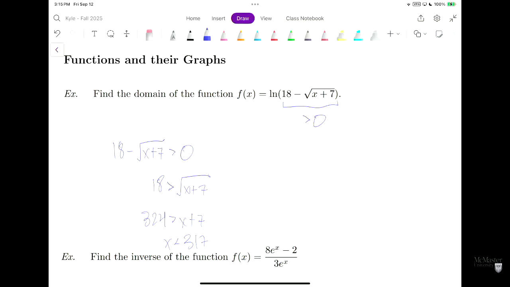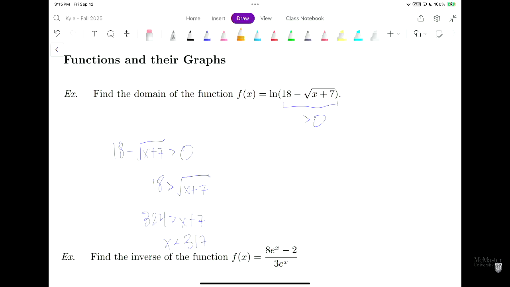Okay. So are we done? Who thinks we're done? Why aren't we done? Yes, we have to make sure our input to the root is greater than or equal to 0.